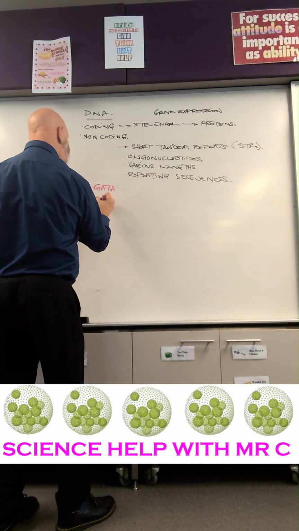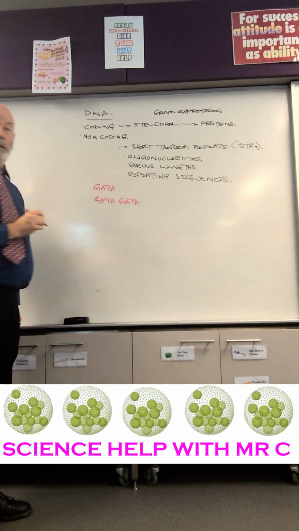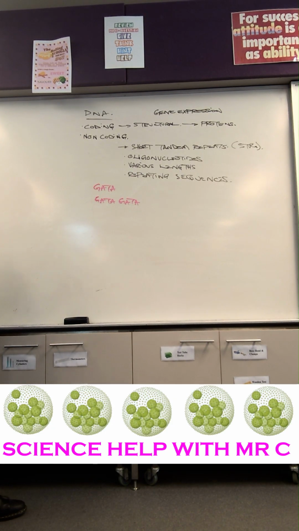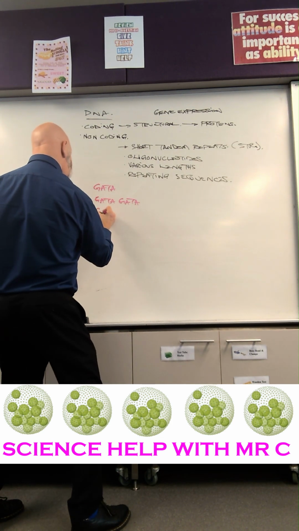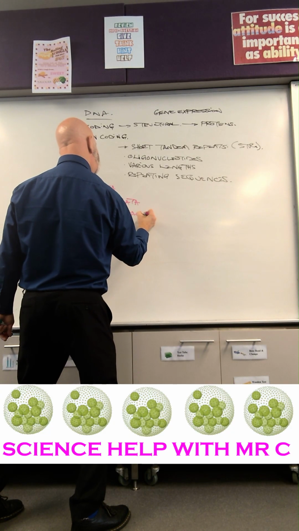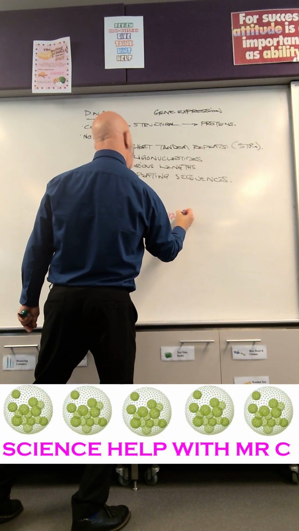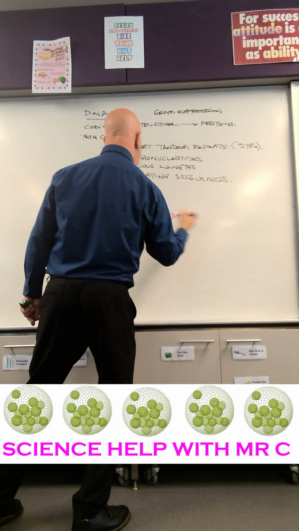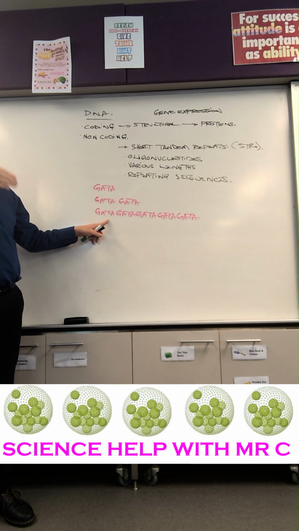If we had GATA, that would be 2 repeats. If we had 5 repeats, GATA, 3, 4, 5. Thing to notice here is, as you have more repeats, the fragment length is longer.